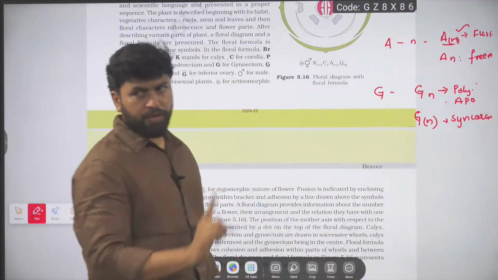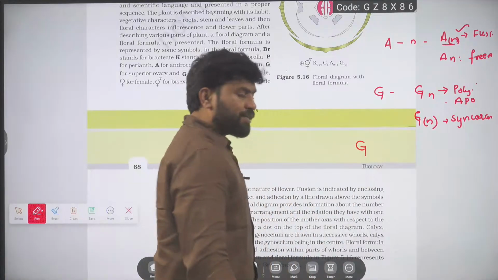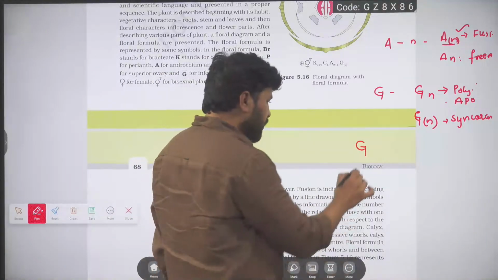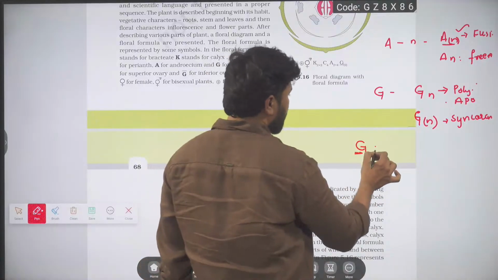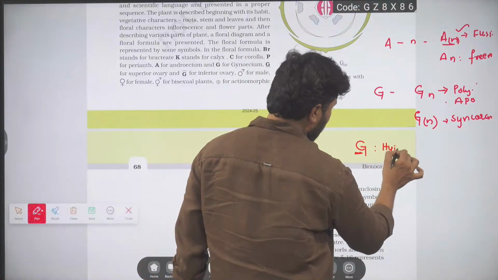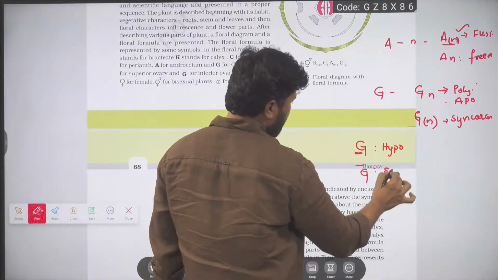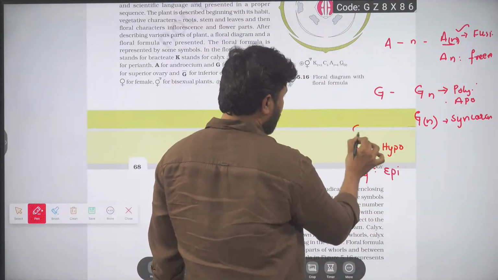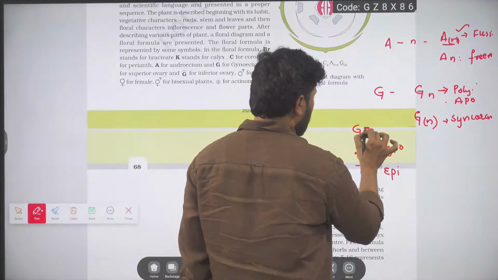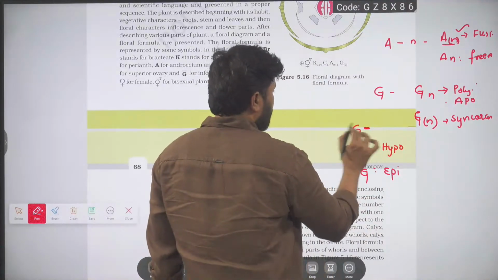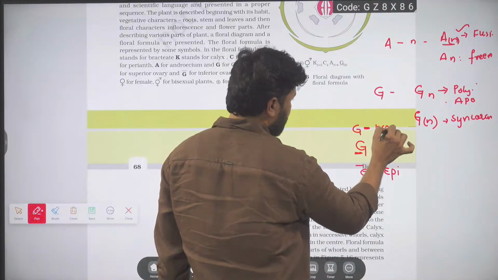One more thing we need to represent is related to G. If I take G and below the G I have kept a line, this indicates a hypogynous flower. G with a line above, epigynous flower. G with a line parallel, one line written like this, this is a perigynous flower.